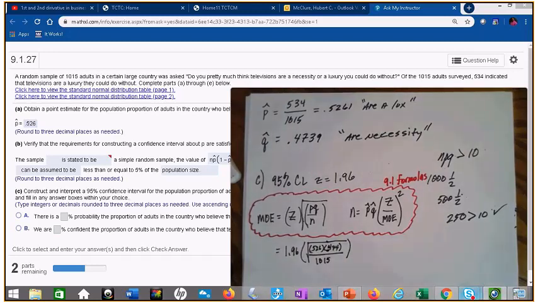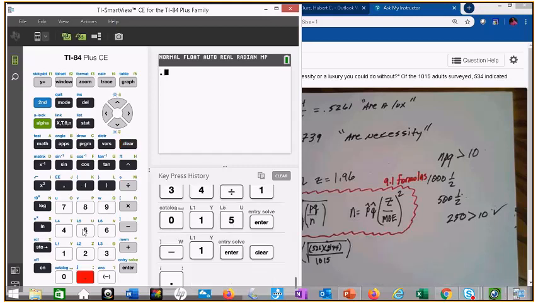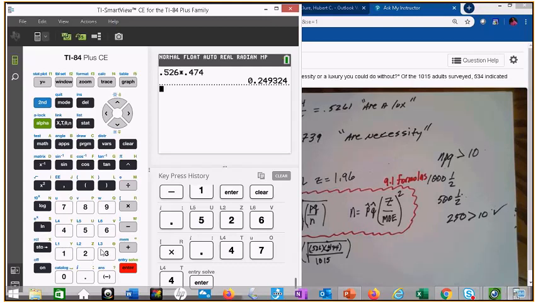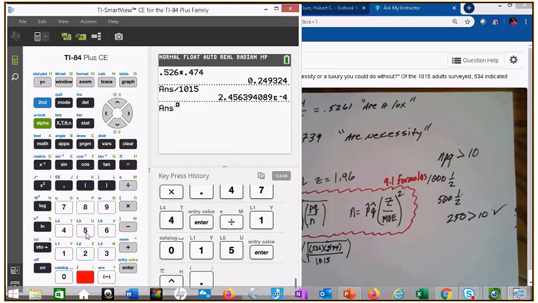So let's calculate that. 0.526 times 0.474, enter, divided by 1015, raise that to the 0.5 power, and multiply that by 1.96.